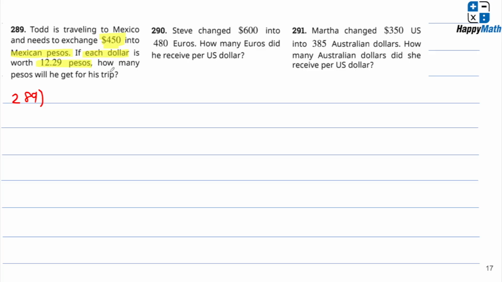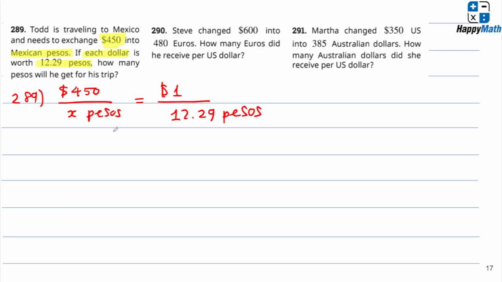Okay, something like this, and okay, I set up the proportion. $450, and I need to change this to the peso. I don't know, so I will put it x. And about the rate, $1 here will be 12.29.